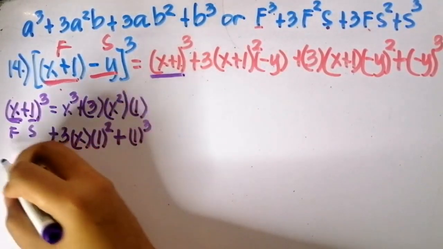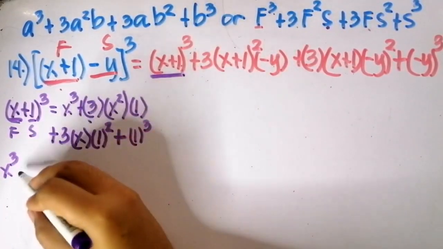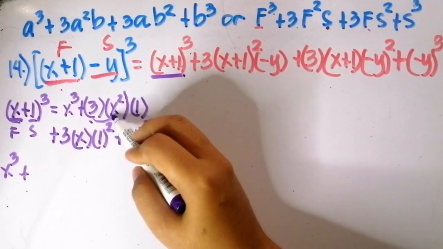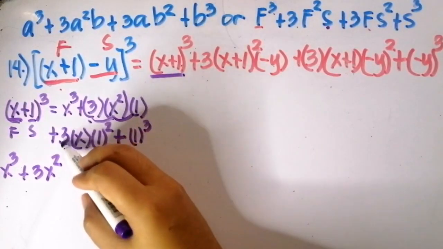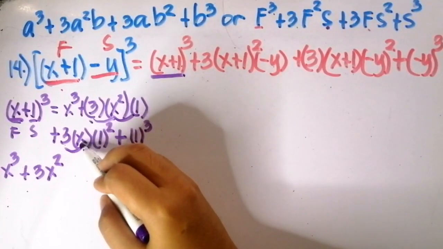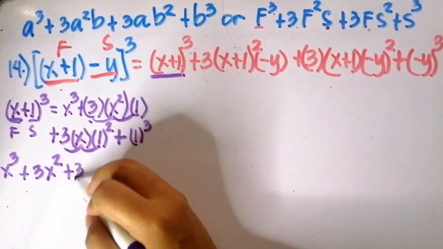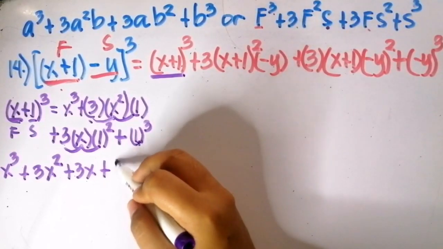Then, simplify, that is x cube plus 3 times x squared, that is 3x squared times 1, 3x squared pa rin. Plus 3 times x equals 3x times 1 squared equals positive 3x. Plus 1 times 1 times 1 equals 1.